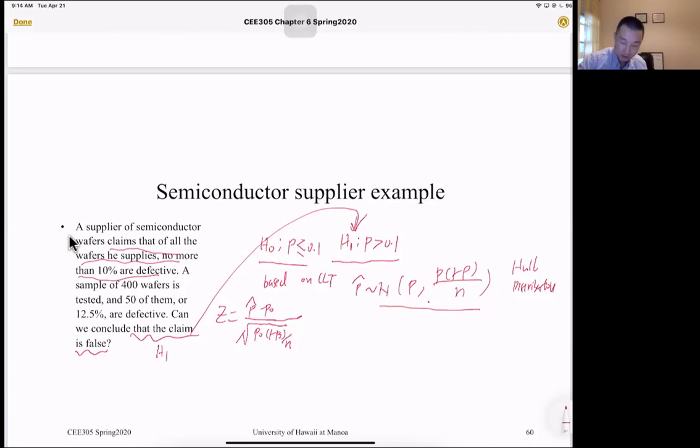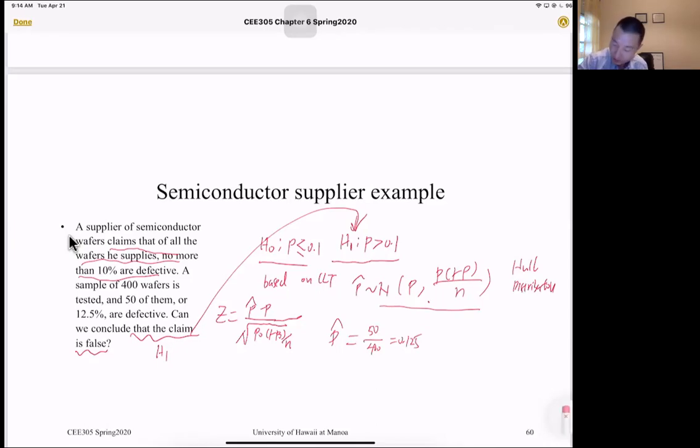The sample proportion here is 50 defective waffles over 400, so that is 0.125.